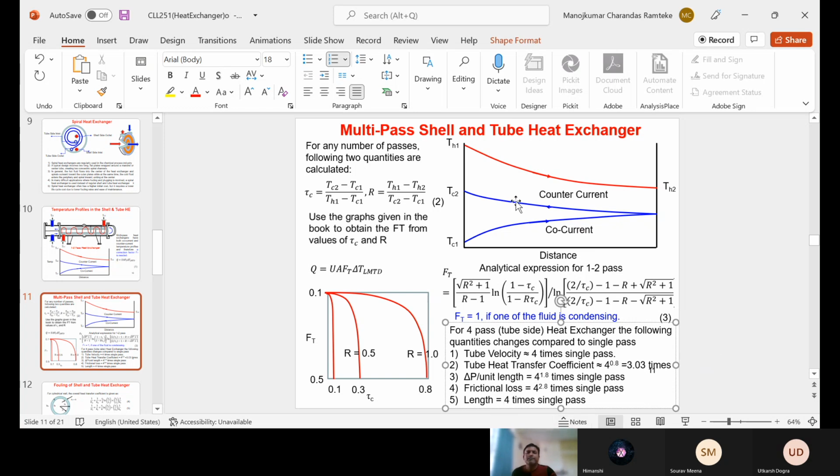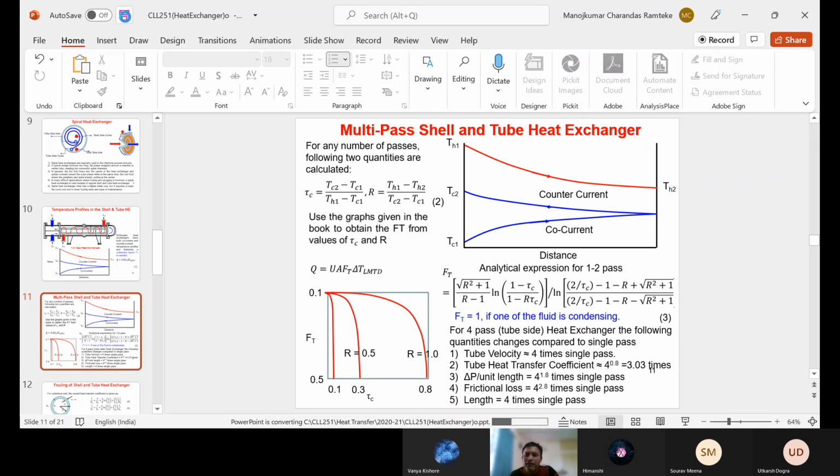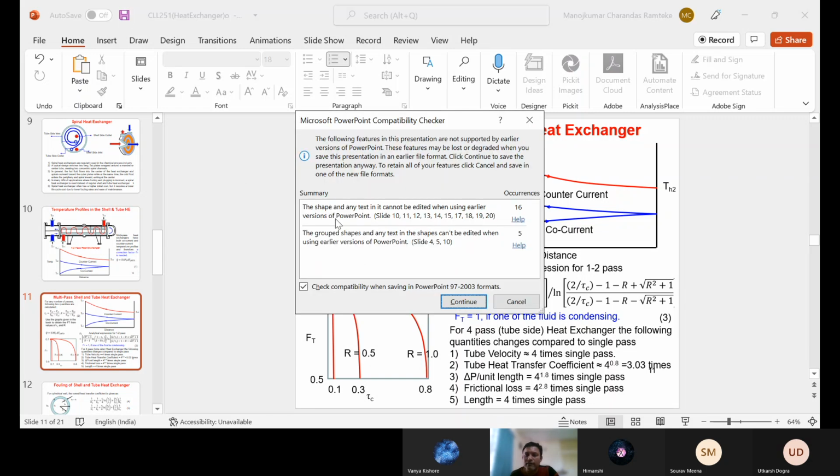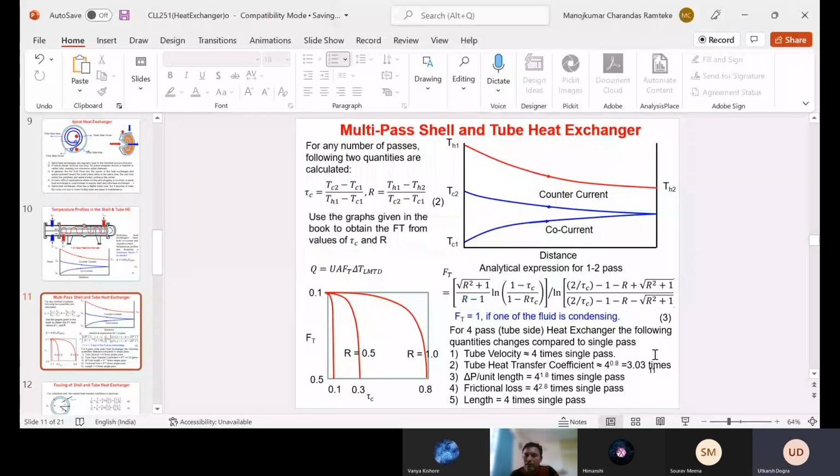This I will check. So if the length of the heat exchanger is the same, how many times is this repeated? 4 times. So that will be 4 times the single pass length, isn't it? Correct? Is it clear or not clear? Yes, sir. Clear.